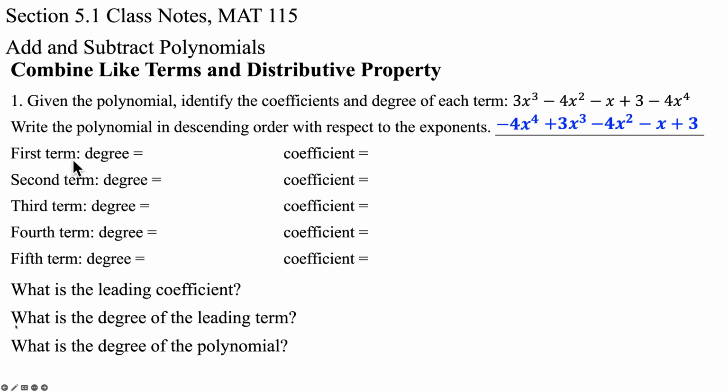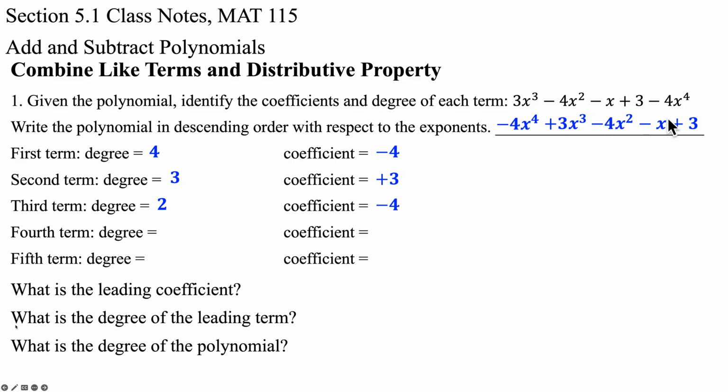Okay, so my first term is a degree of 4. That's the power. Its coefficient, the number multiplied to the x, is negative 4. The second term is a degree of 3. Its coefficient is that positive 3. The third term has a degree of 2, a coefficient of negative 4.